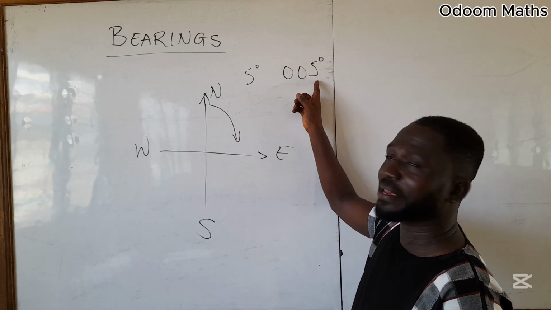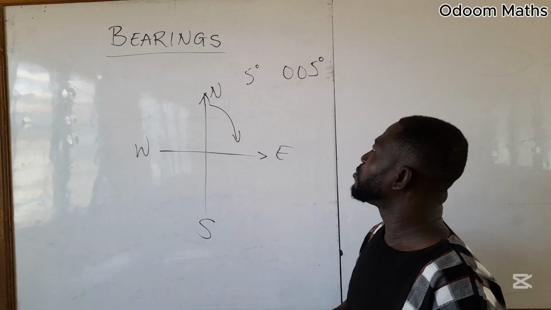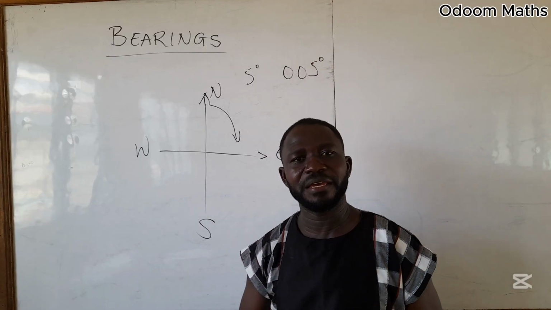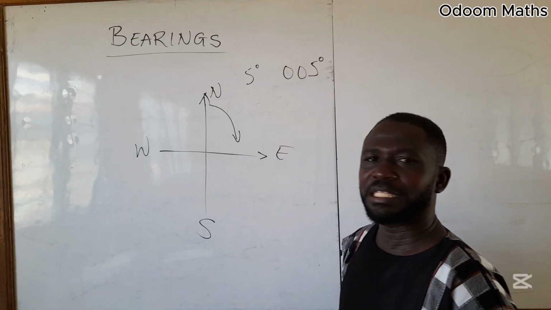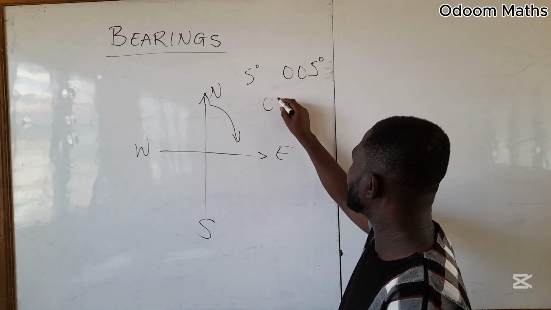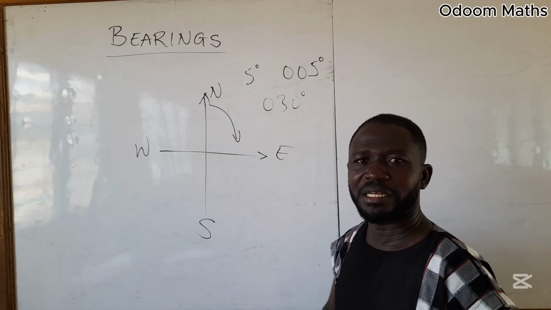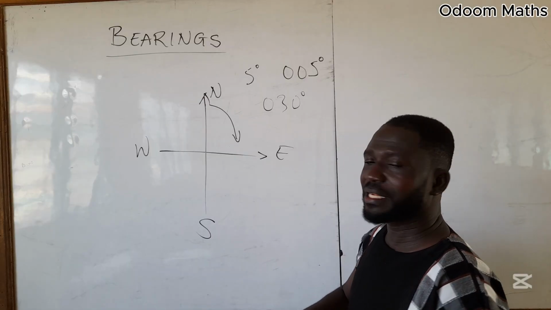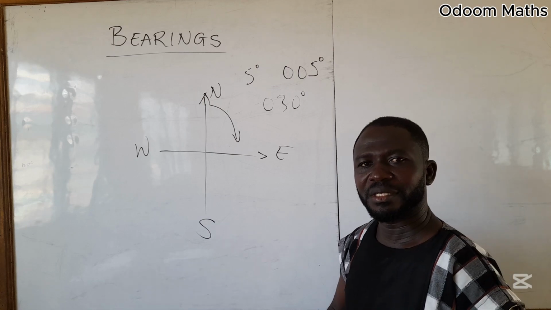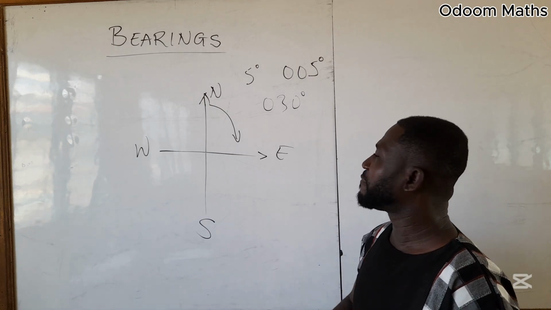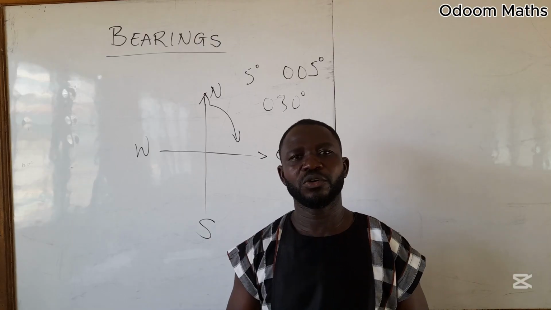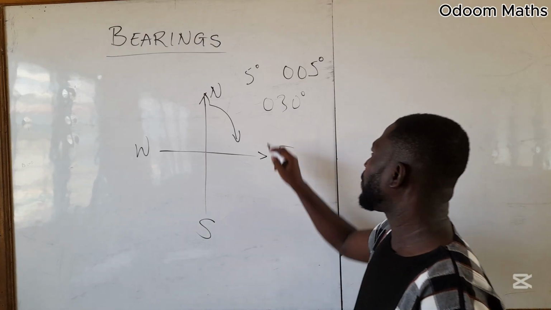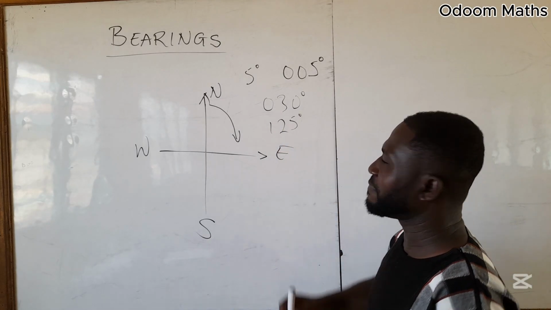It should be 005 degrees. Maybe the bearing of A from C is 30 degrees. That can be 030 degrees. That's how it should be written. And if it is more than 100, say the bearing of C from D is 125 degrees, you write 125 degrees.